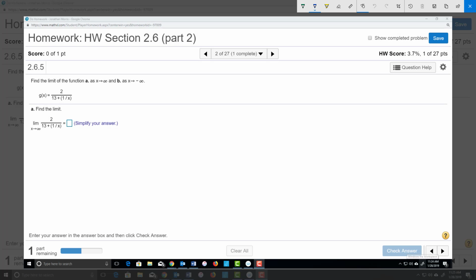Now right here, I'm going to save us the burden of writing things out so many times and separating the limit out like we did in the last one, because once you've done that so many times, you kind of get the hint of what's going on. It's almost like direct substitution, where you can say, if I said the limit of 2 as x approaches infinity, you get the number 2, and the limit of 13 as x approaches infinity, you get 13.